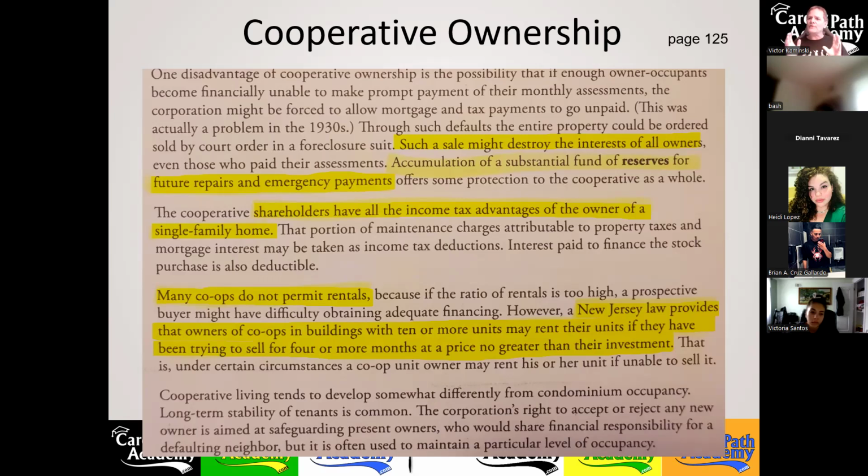We have a cooperative complex here, and in the cooperative complex, we like to consider ourselves to be an artist community, a community of artists. Are you a painter? Are you a poet, a writer, an actor, a singer, a musician of some sort, a dancer?